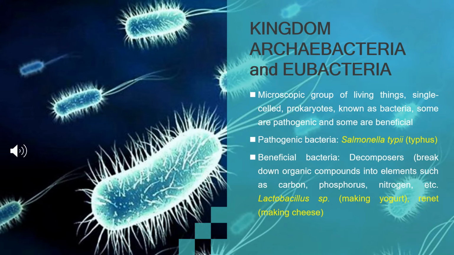An example of beneficial bacteria is decomposers, which break down organic compounds into elements such as carbon, phosphorus, nitrogen, etc. Examples are Lactobacillus sp. to make yogurt, and then rennet to make cheese.